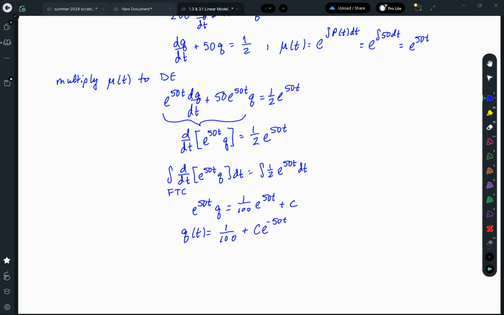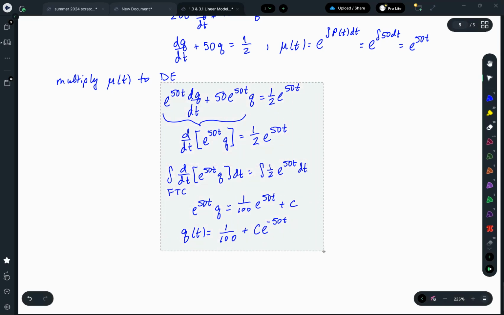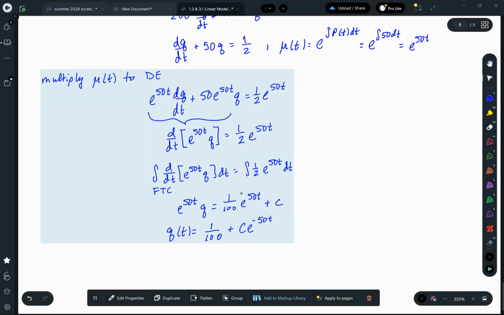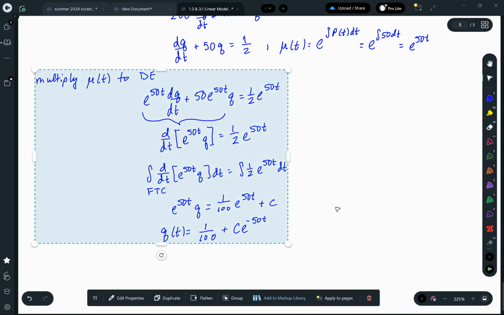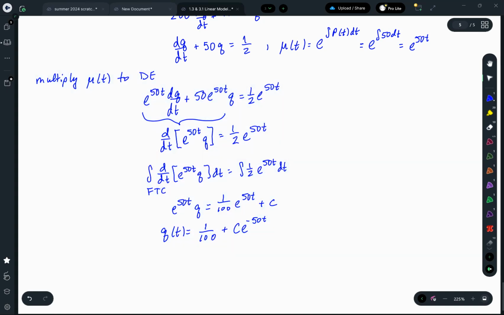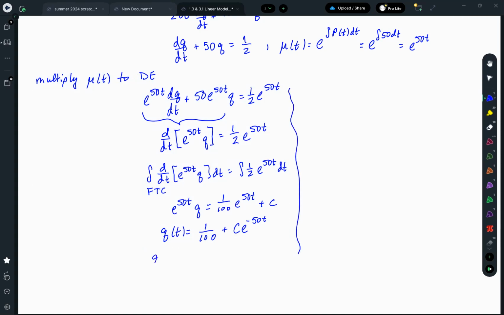We were told that Q of 0 is equal to 0. The charge on the capacitor at time 0 is 0.